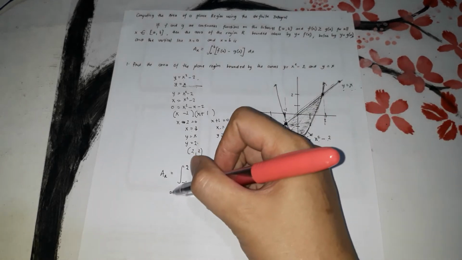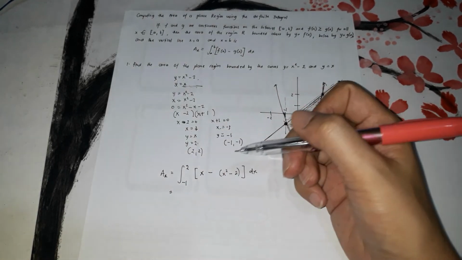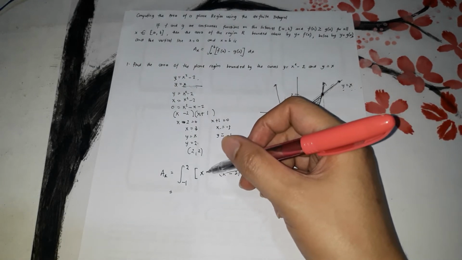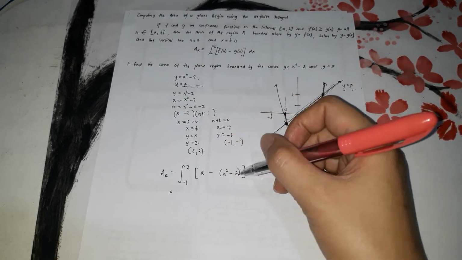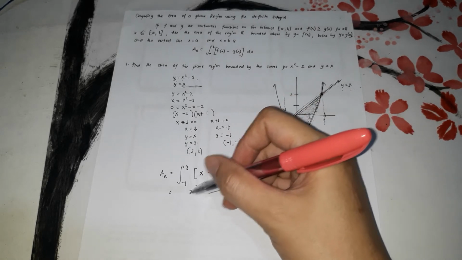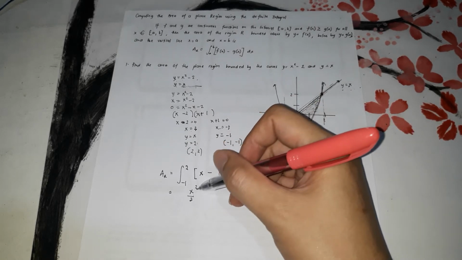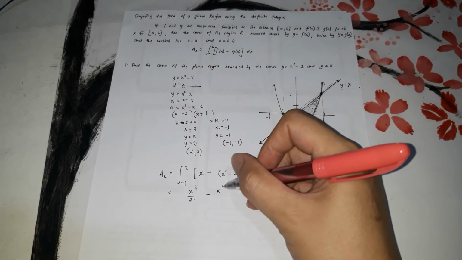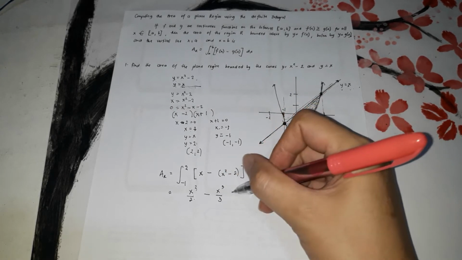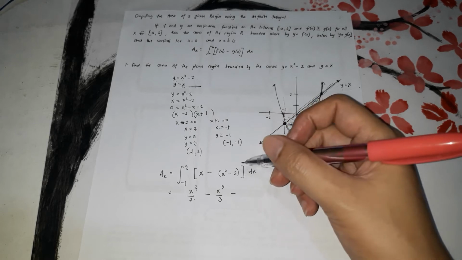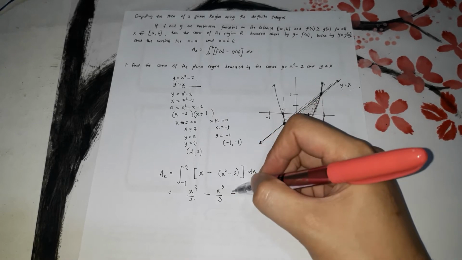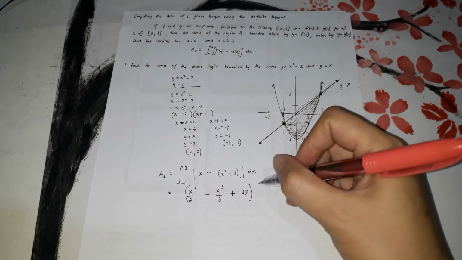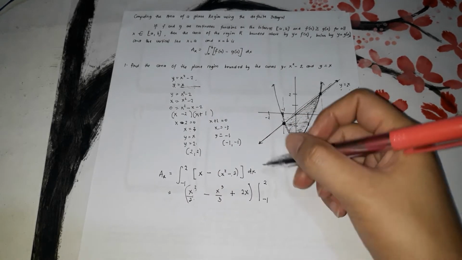So ang gagawin mo, evaluating the definite integral, so we're going to get the antiderivative of this one. So x squared over 2 minus x squared, that's x cubed over 3, minus negative, magiging positive na 2x, from negative 1 to positive 2.